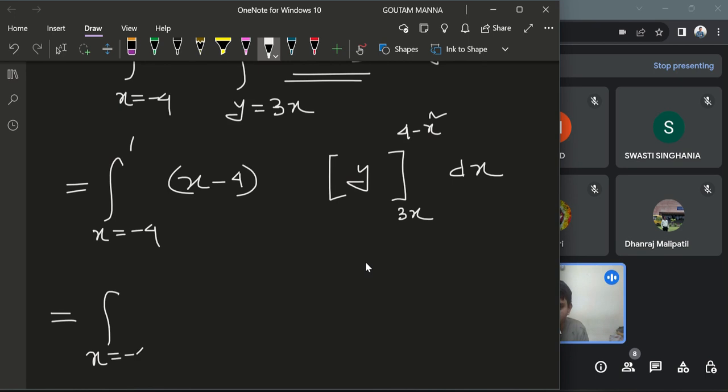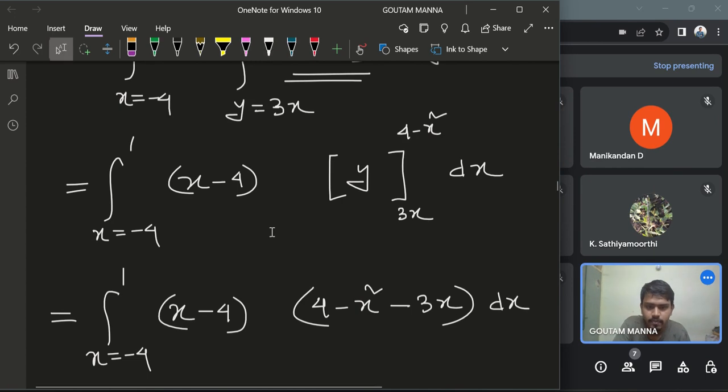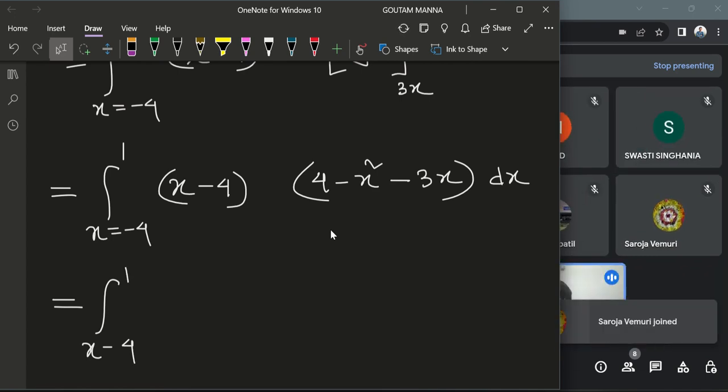So x equals minus 4 to 1, x plus 4, and if I put the upper limit, it will be 4 minus x square, and the lower limit is minus 3x, dx, right?